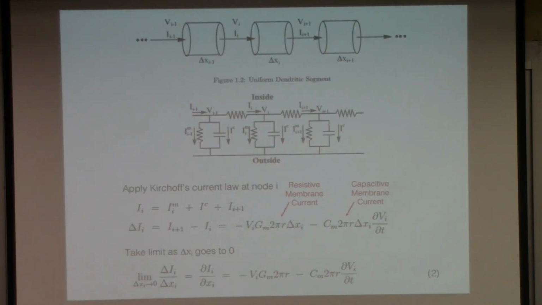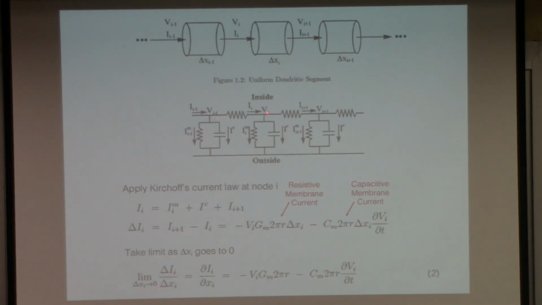All right, now we're going to work out another relationship that, with that equation 1, will give us the cable equation. We're going to get this relationship by applying Kirchhoff's current law at this same node. Kirchhoff's current law says the current flowing into a node must be balanced by the current flowing out of that node, and there are two ways for that current to flow out of this node.